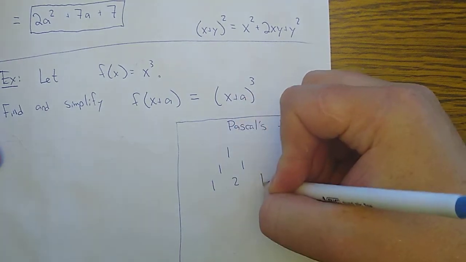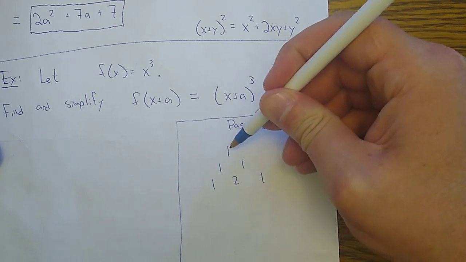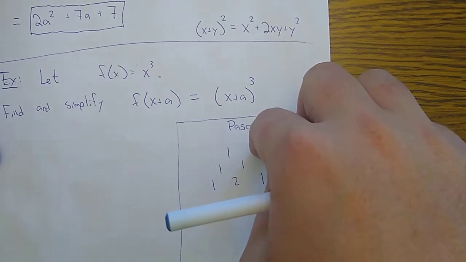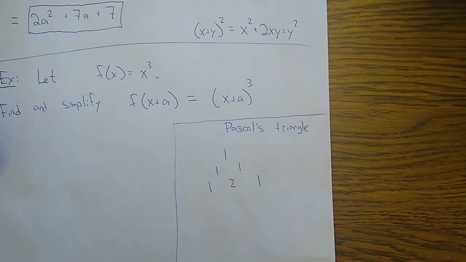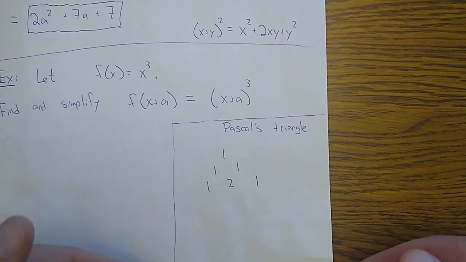I'm sure you've seen this at some point, but I'm making a triangle, and the first row just has one entry, and then the next row has two entries. The one after that has three entries, as you can see, and it actually goes forever.